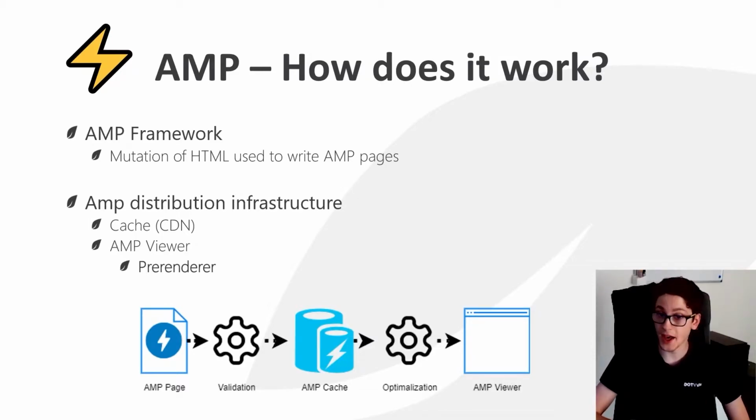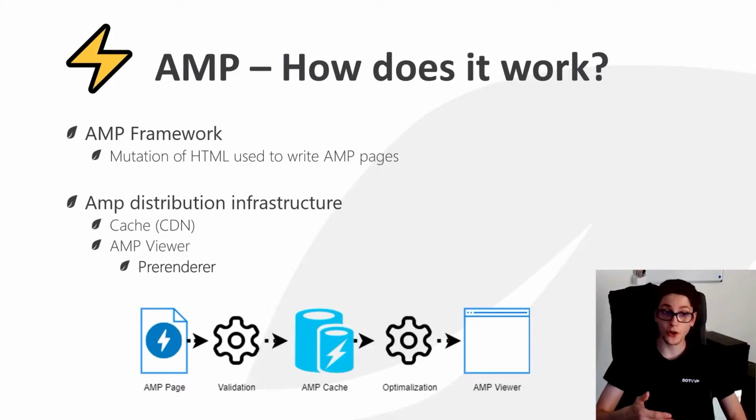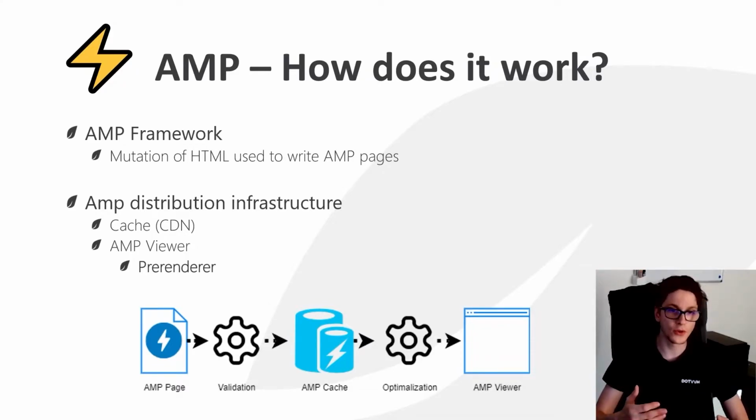There is the AMP cache, where your page gets when Google or other providers discover your AMP page. In order to get into those caches, your page needs to be valid. So if you break any of the rules given by AMP, your page will not be present in AMP caches.